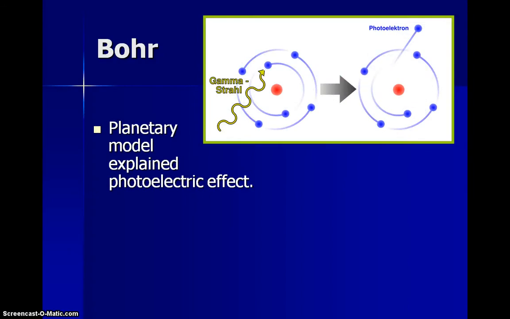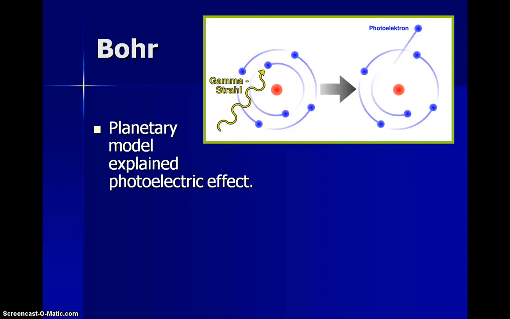Essentially, what Bohr did was he made this model based on the fact that if you excited an element, so if you put some sort of energy into it, whether it was shining light like Einstein did, or if you light something on fire, or if you plug it into an electrical outlet, the electrons absorb a certain amount of energy and they start to jump around the atom, and they jump from one place to another, and as they jump, they release light.